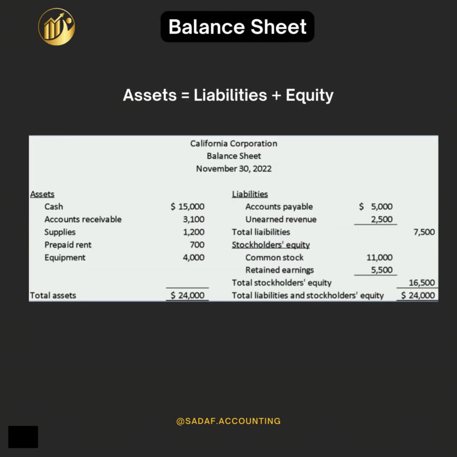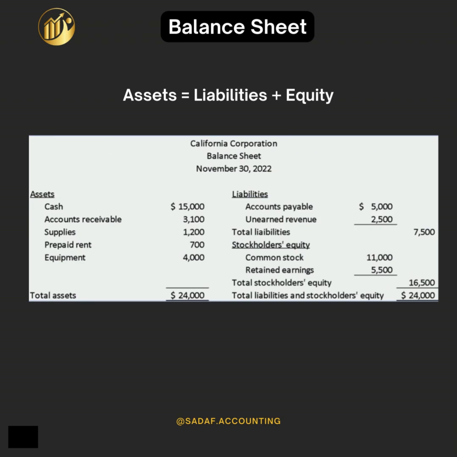The balance sheet equation is assets equal liabilities plus equity. Notice that is our fundamental accounting equation for the balance sheet. We also have our proper title: who, what, and when. But for the balance sheet, the date is a specific date, November 30th, 2022, versus the income statement and the retained earnings statement, which were for a period of time.